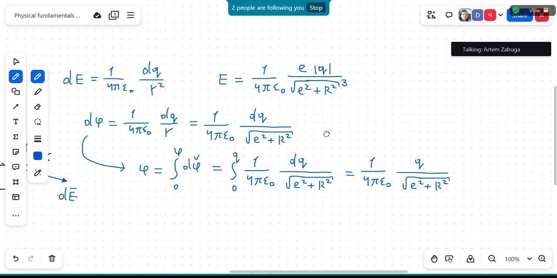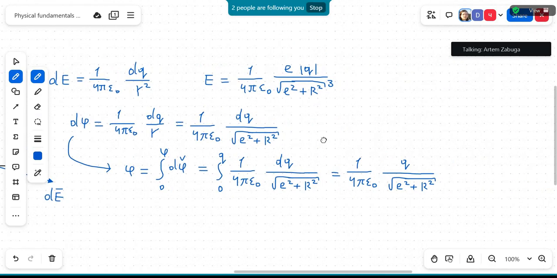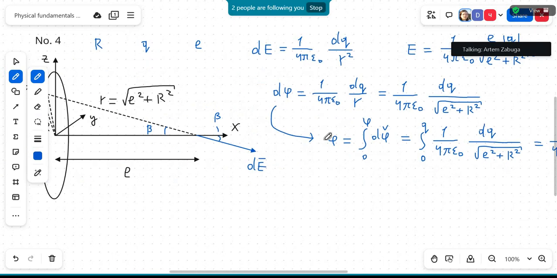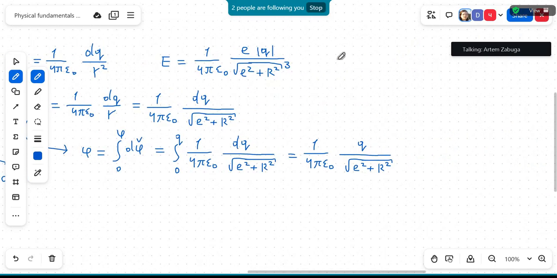So we will find the electrostatic field intensity and electrostatic potential on the axis of the ring, but not at every point of space.